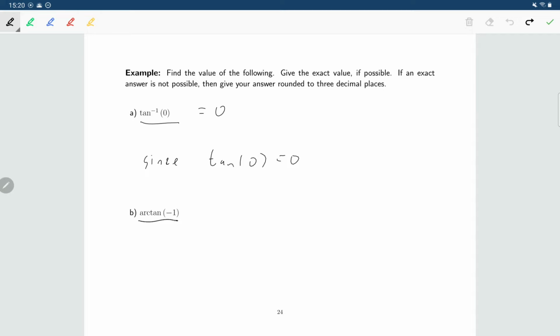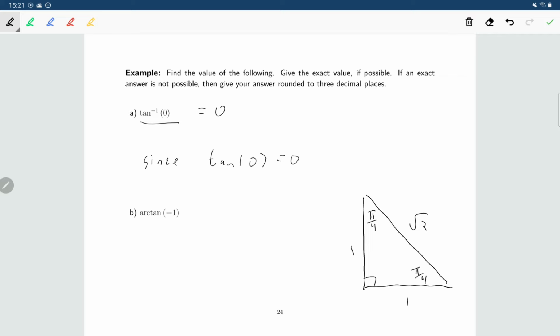Again, this one you could get from a special triangle or knowing the graph of the tangent function. If you're thinking in terms of your special triangles, you know that for tangent you would get a value of 1 if you're talking about 45 degrees. That's where tangent is 1.